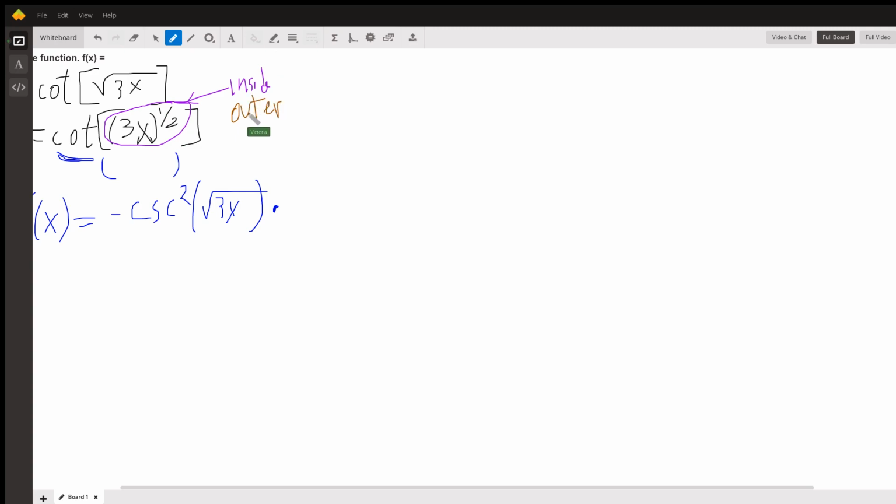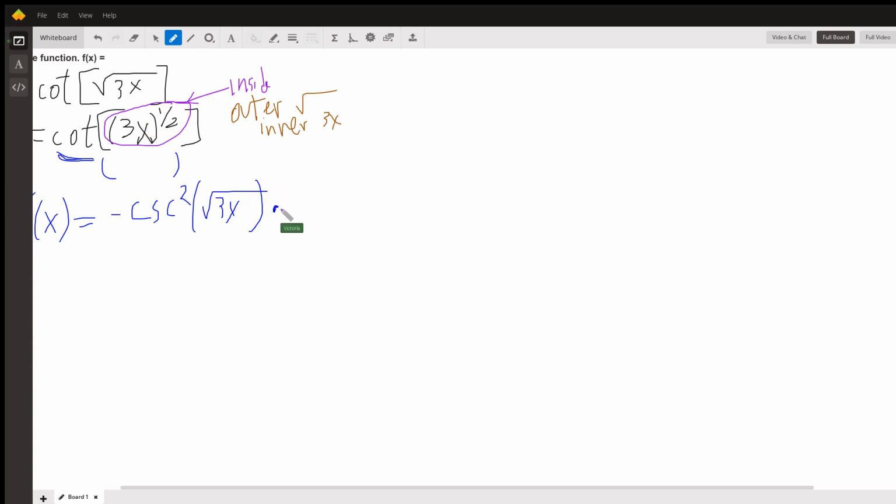The outer one here is the square root, and it has its own inner, 3x. So when we do the derivative of the inside function, it in itself has its own chain rule.